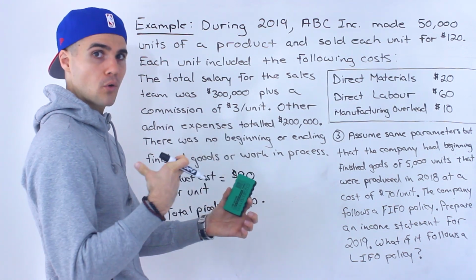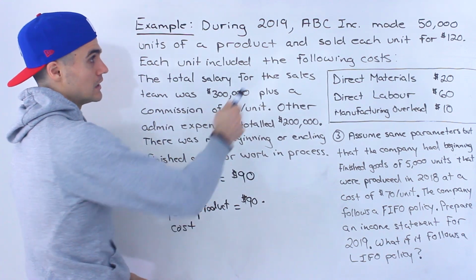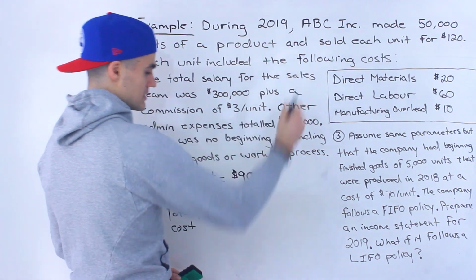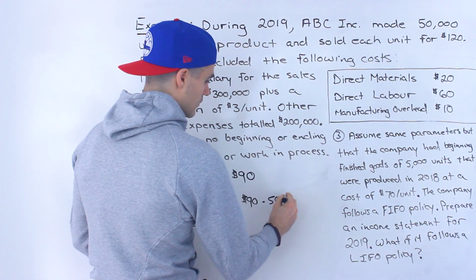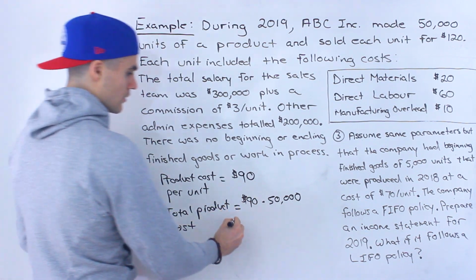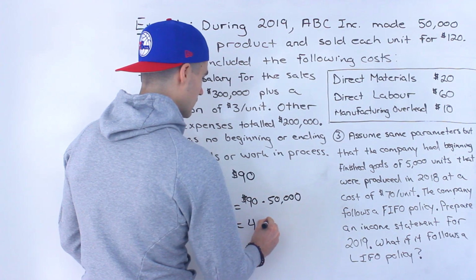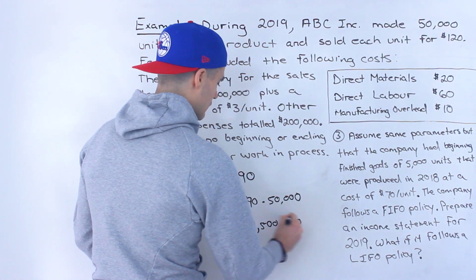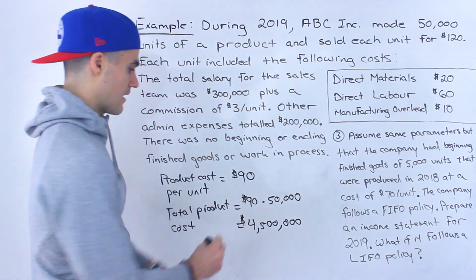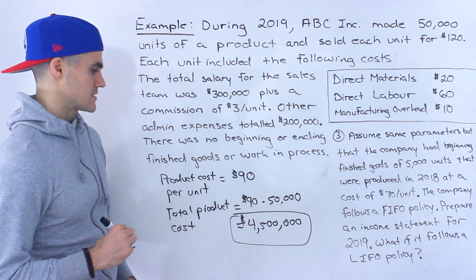So there was no inventory left over. That's going to be important when we're creating the income statement. The total product cost was $90 times the 50,000, and when you multiply those, you end up getting $4,500,000. That is the total product cost for 2019.